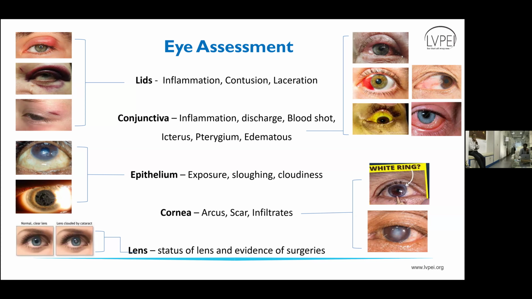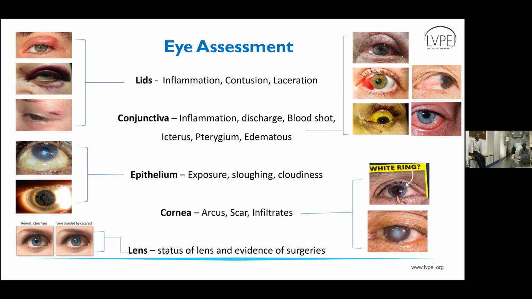Otherwise, if you find the natural lens, that is called phakic. If there is no lens at all, that is called aphakic. All these findings need to be noted in the eye assessment form.